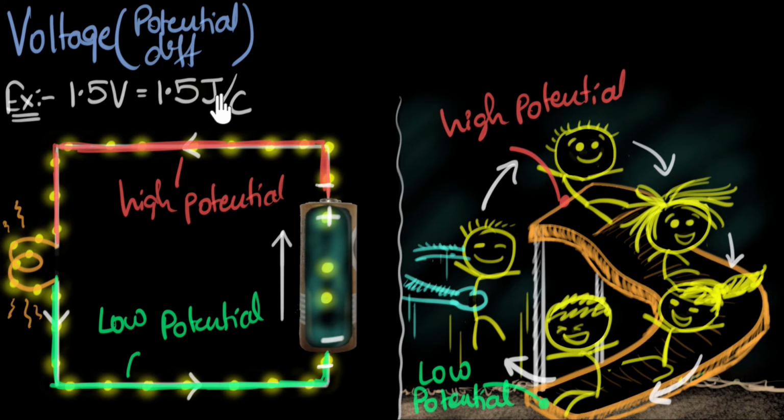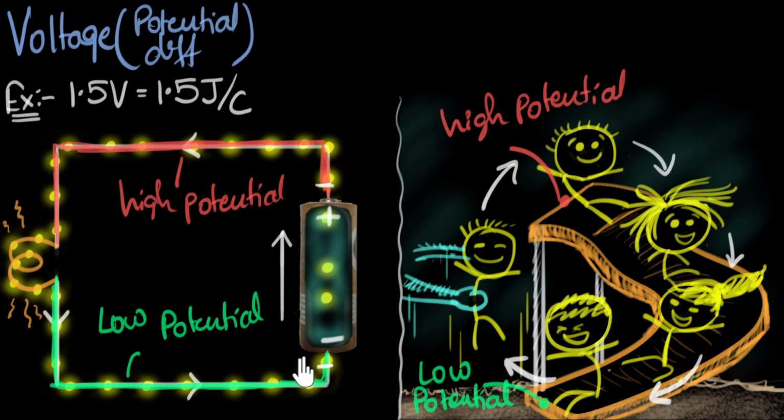The per coulomb part says that every coulomb as it moves from here to here, it gains 1.5 joules of potential energy. And similarly, when a coulomb moves from here to here, it loses 1.5 joules of potential energy and gets converted to heat. So voltage just indicates how much potential energy a coulomb gains or loses.